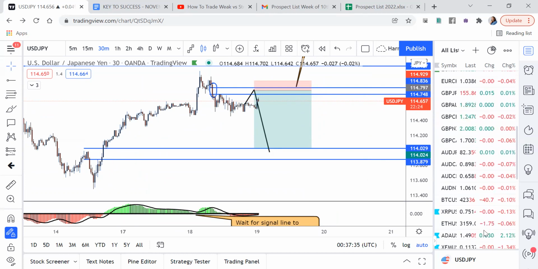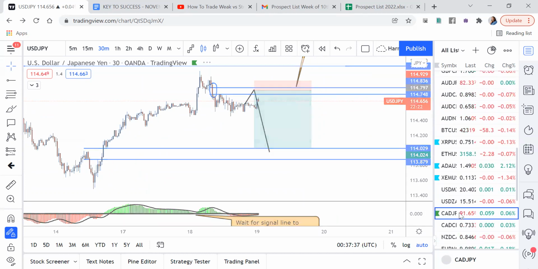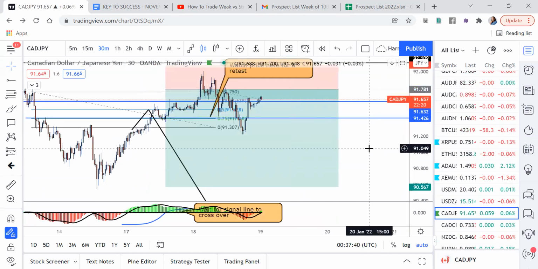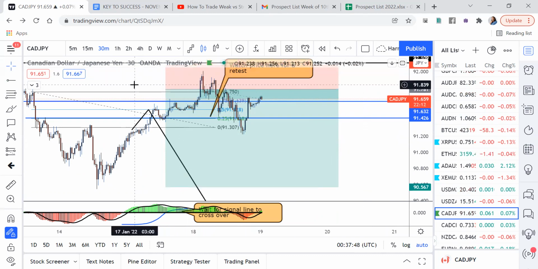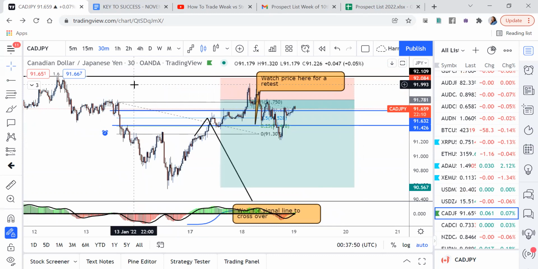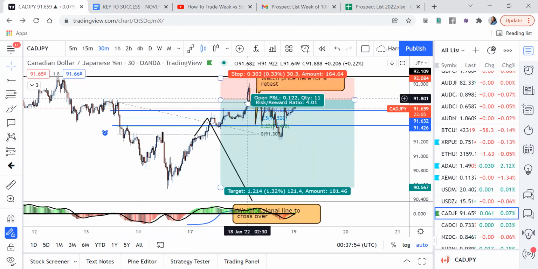CAD JPY, let's look at that. Okay, so this is CAD JPY. What I will say is that I am already in this trade. I set a sell limit order last night here, and my orders were activated around 4 o'clock this morning.